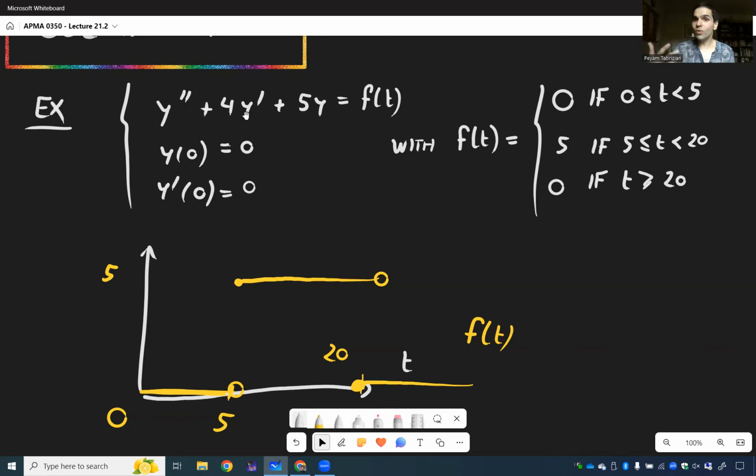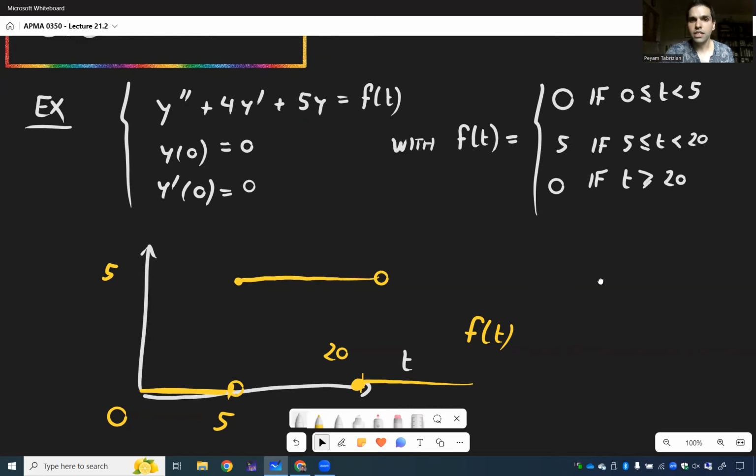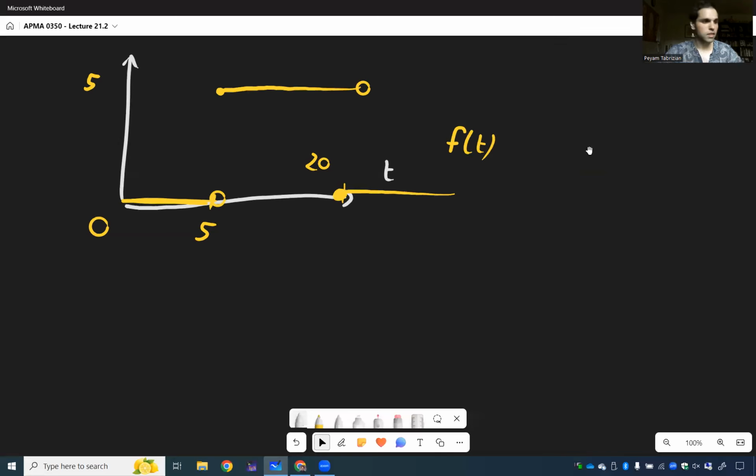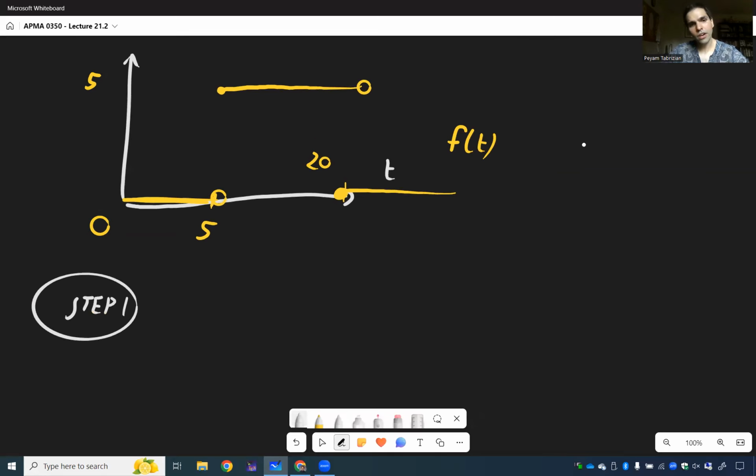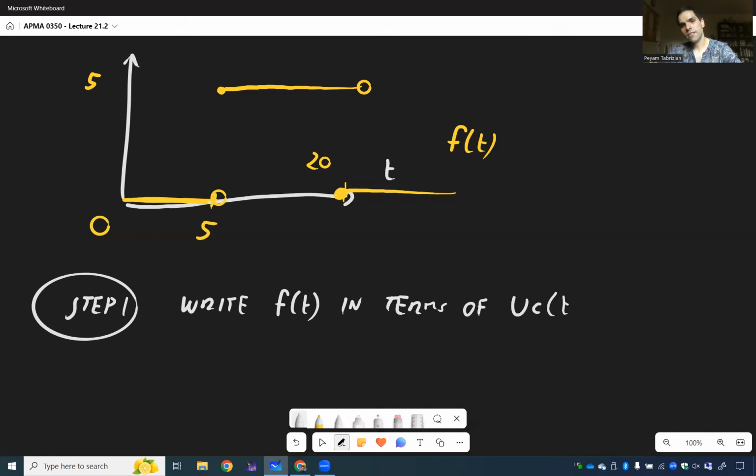And as usual, we have to write f in terms of the jumps, because we want to take Laplace transforms. So step 1, write f of t in terms of uc of t. Here again, you start with 0.